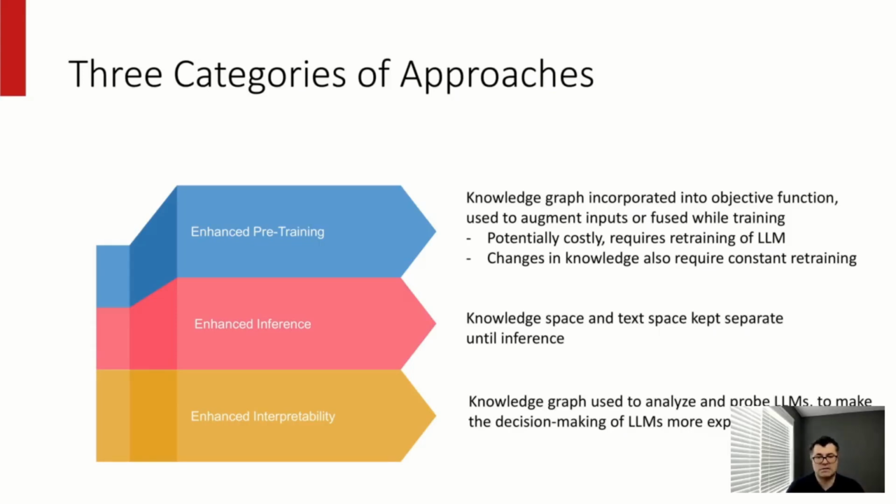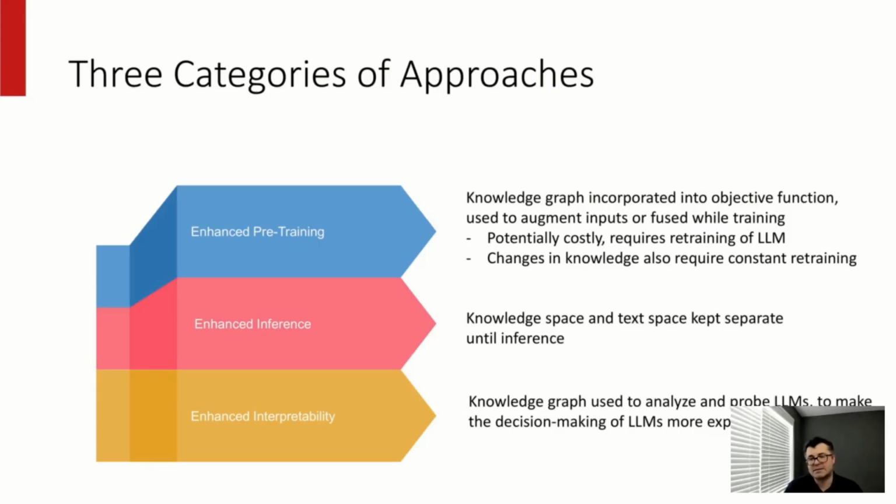So there are distinctions there, but you do need to do some kind of tuning or pre-training, basically. And the downside of this enhanced pre-training is that knowledge evolves, and as knowledge evolves, you are forced to retrain every single time. And so you have to commit those resources over and over again.